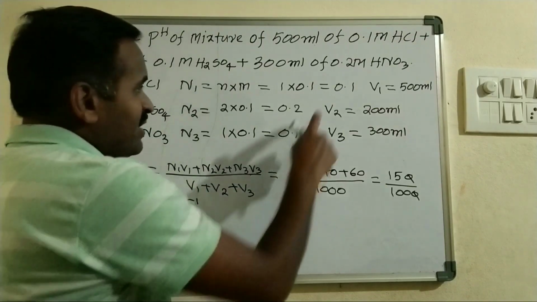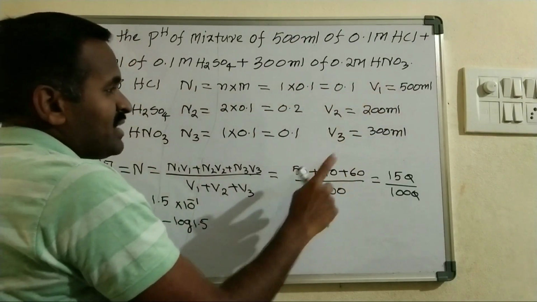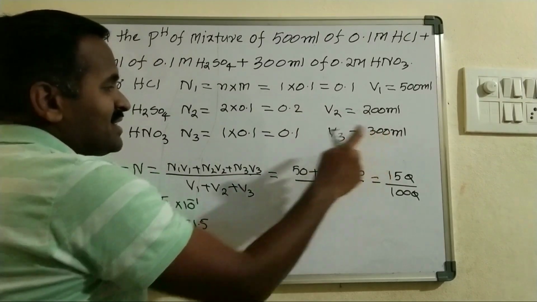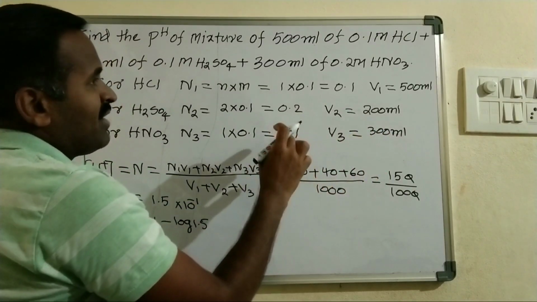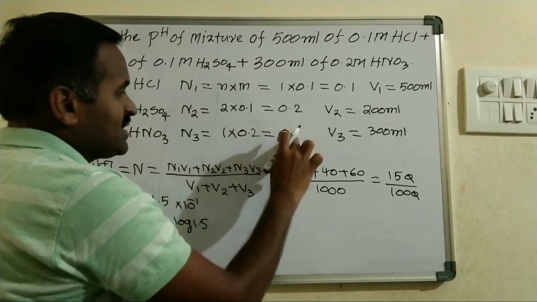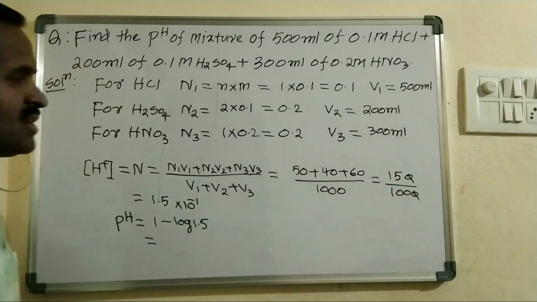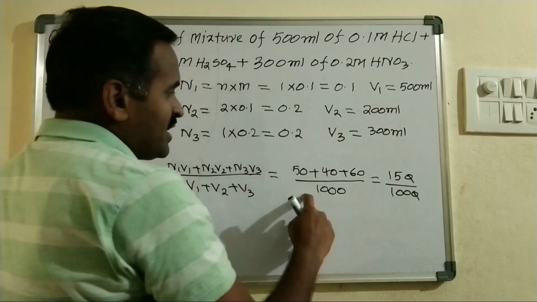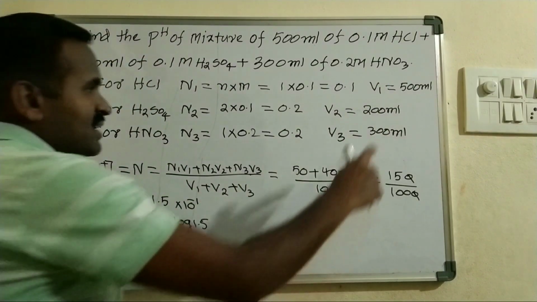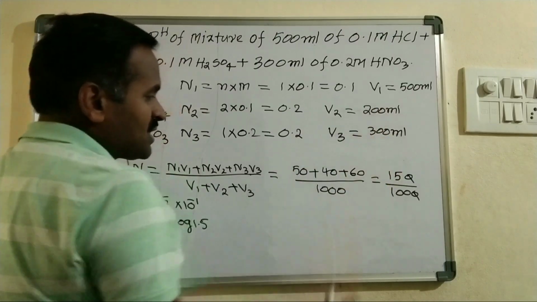So N1V1 is 500 into 0.1, which is 50. 200 into 0.2 is 40, and 300 into the molarity, given as 0.2 here, so 0.2 into 300 is 60, and the whole is divided by the total V1 plus V2 plus V3, and here 500 plus 200 is 700, plus 300 is a total of 1000 ml.